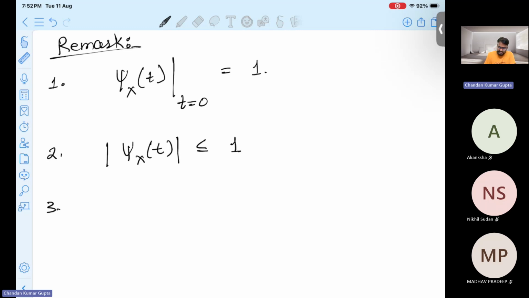The third one is, if the expectation of x to the power n exists, that means the nth order non-central moment exists.